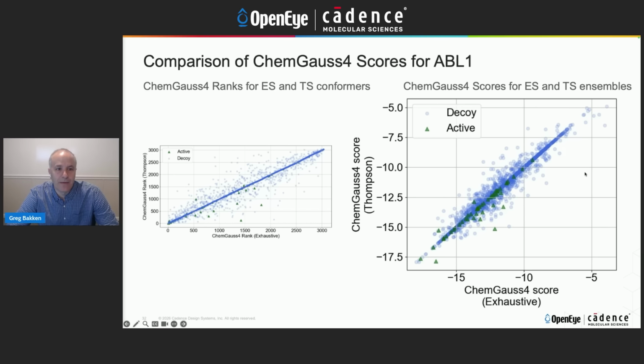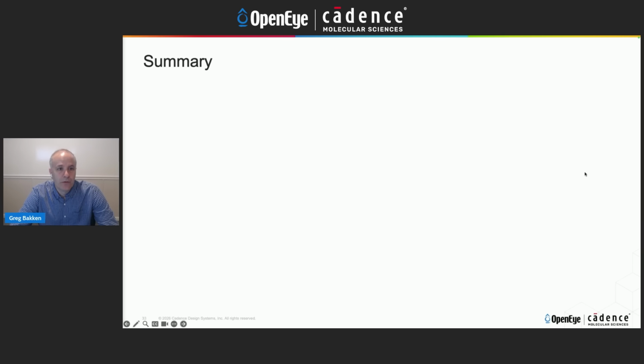And keep in mind, the more negative the ChemGauss4 score, the higher rank the compound will be. And we can see that the active compounds have slightly more negative scores for Thompson sampling. And again, this explains why we saw a slight improvement in AUC value.